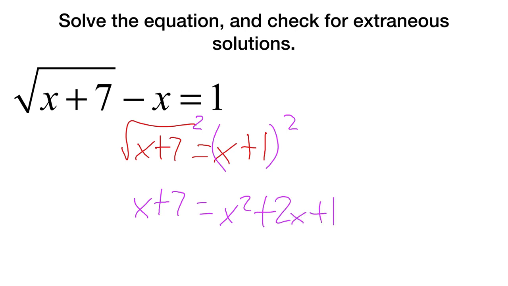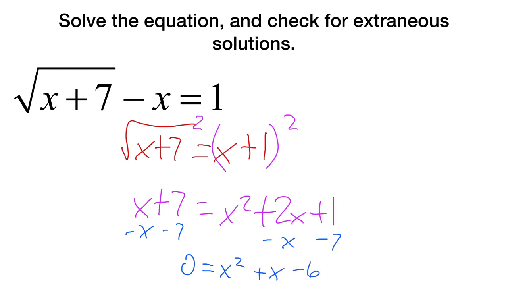At that point, I want to get everything onto one side. Now, you might be wondering why, and the reason is we want it all to be on one side so we can then factor this as a trinomial. So minus x, minus 7, minus x, minus 7. We end up getting 0 is x squared plus x minus 6.